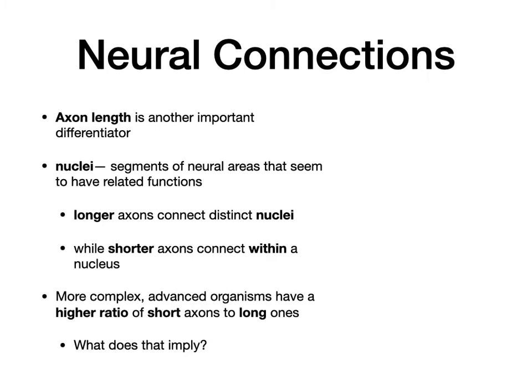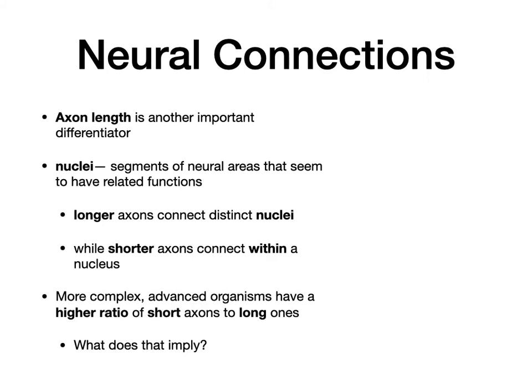So when some of them are firing, a lot of them are firing, right? They are serving some common goal. So longer axons are going to serve to connect distant nuclei, different nuclei that are doing slightly different functions, while the shorter axons are going to connect within a nucleus, sending information nearby, not running off to the distance.